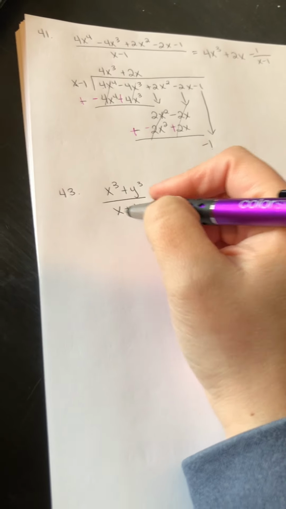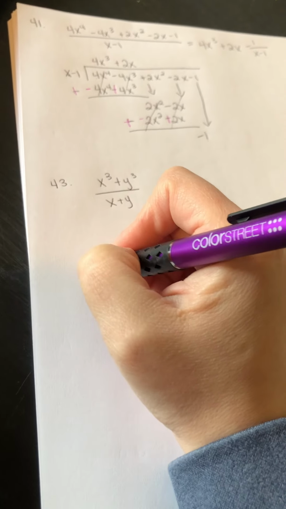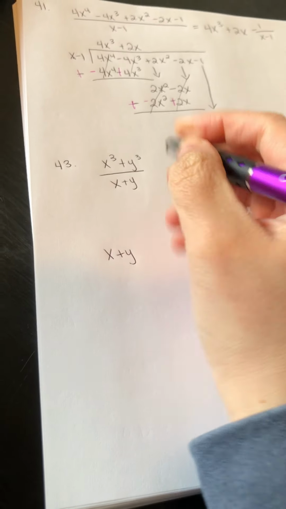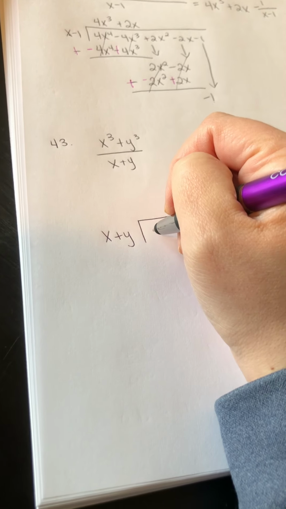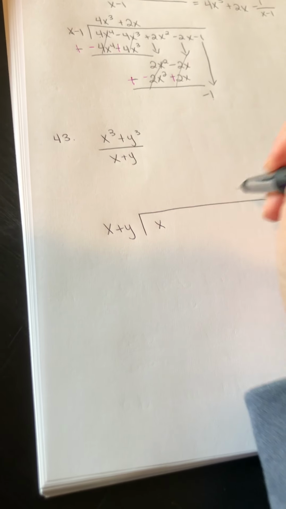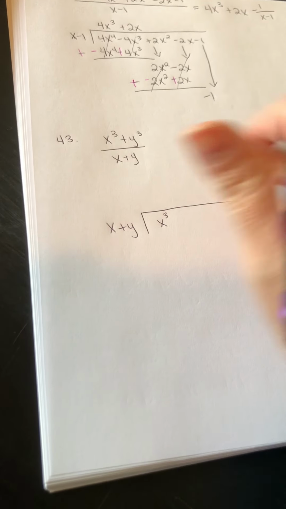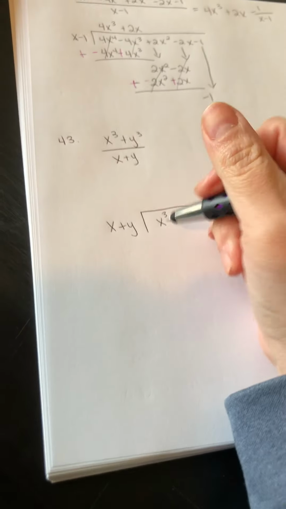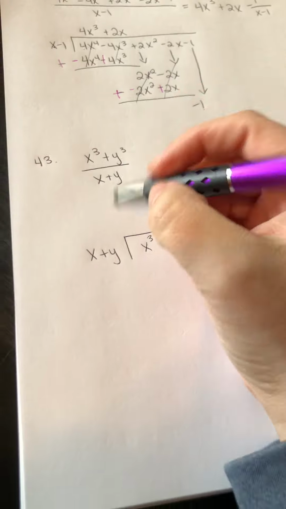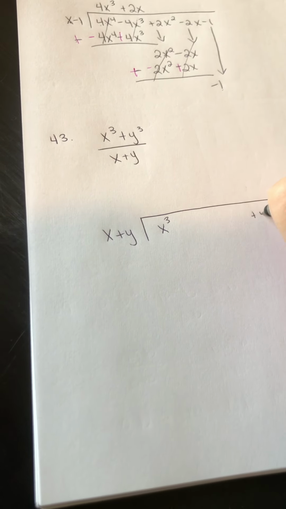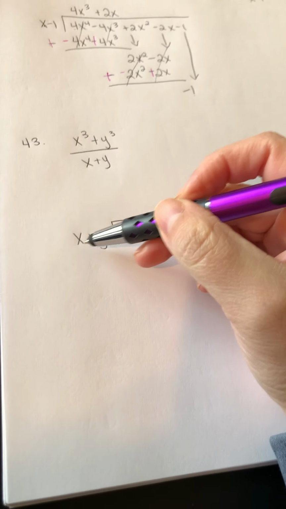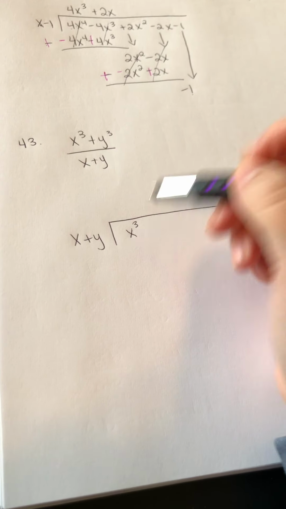Anyways, if we want to do this by long division, we've got x plus y into x cubed plus y cubed, but see, you're missing some stuff. So I'm going to just write down x cubed for just a second so that you can see what I was talking about. I'll stick plus y cubed out here. But anyways, to turn x into x cubed, what do I do?